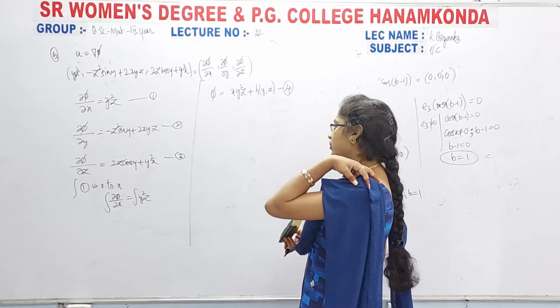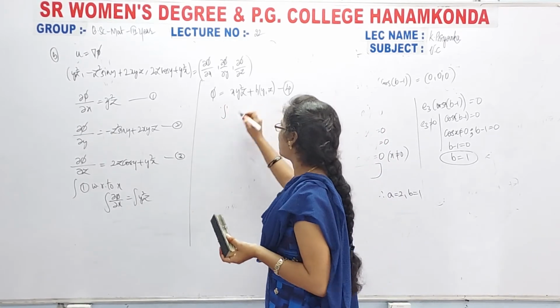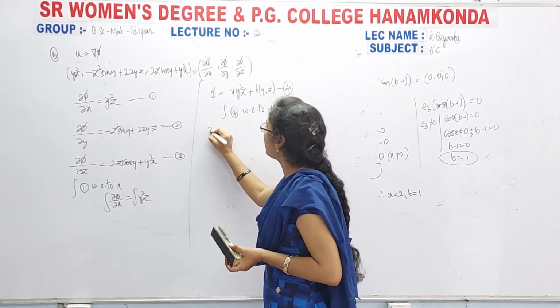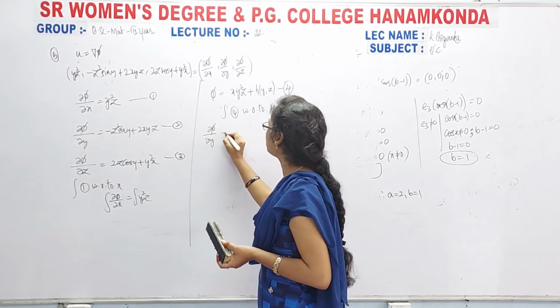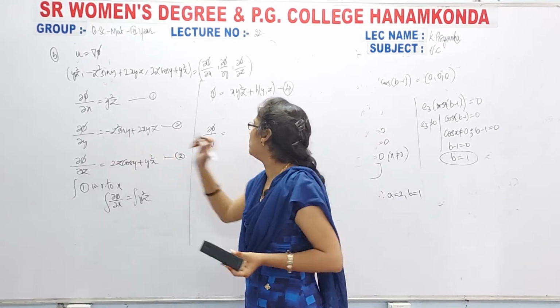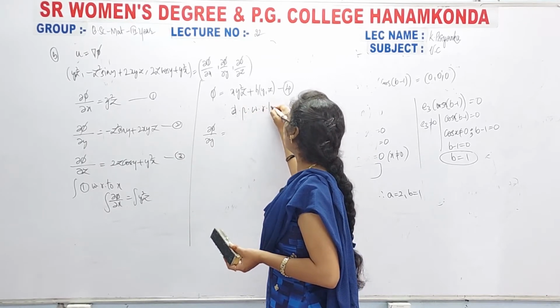Now I am going to take the help of equation number 2. So now here I am going to differentiate, not integrate, the fourth equation partially with respect to y. Then dou pi by dou y is equal to 2xyz plus dou h by dou y, because here we have h of y comma z.